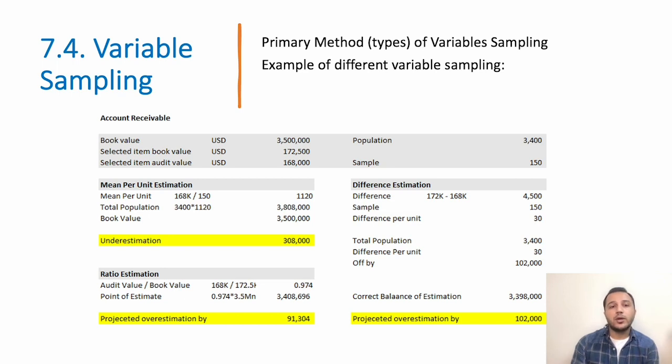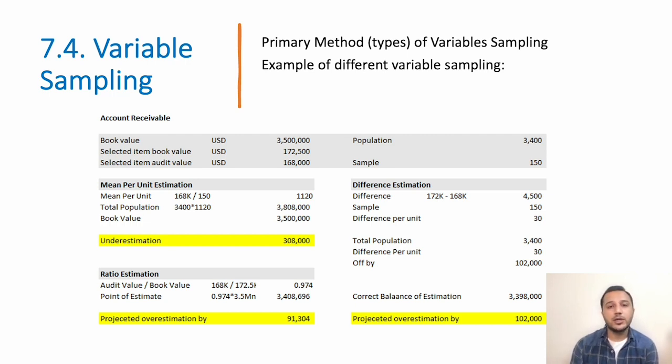So we discount the overall value by 97%, through which we get that the total amount should be 3.4 million, their total accounts receivable. However, management has recorded 3.5 million, so the overstatement by our estimation is 91,000.